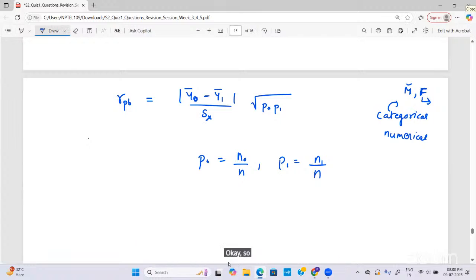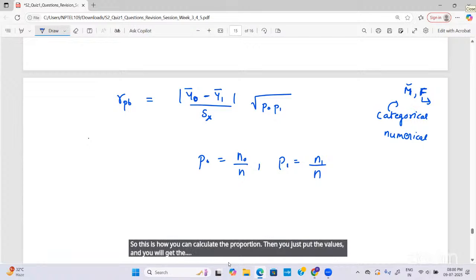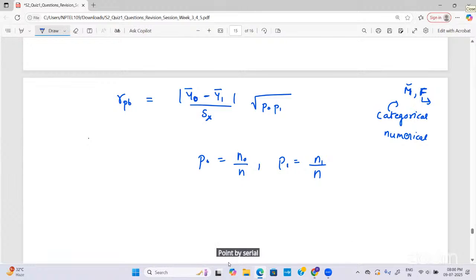N is the total number of observations, N0 is the number of observations belonging to the male category or one particular category, and N1 is for the second category. This is how you calculate the proportion. Then you just put the values and you will get the point biserial correlation coefficient.